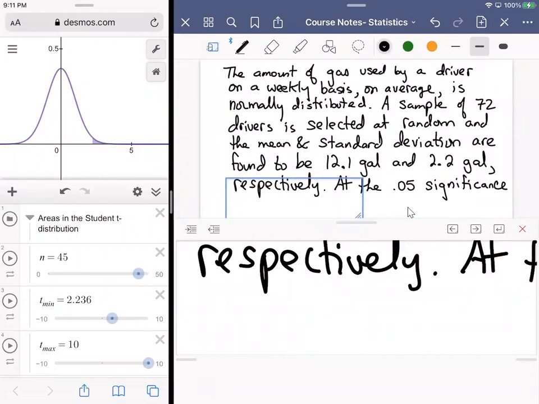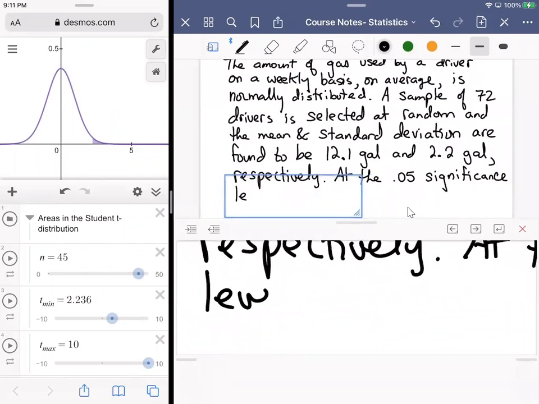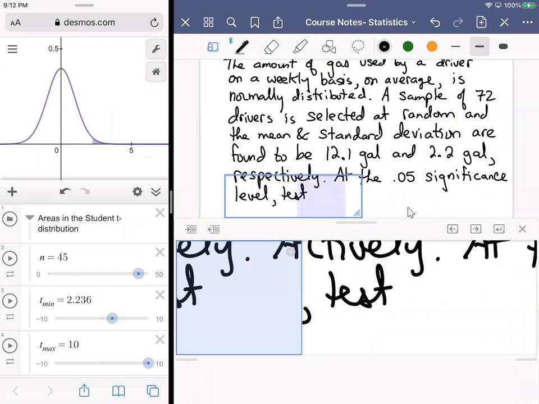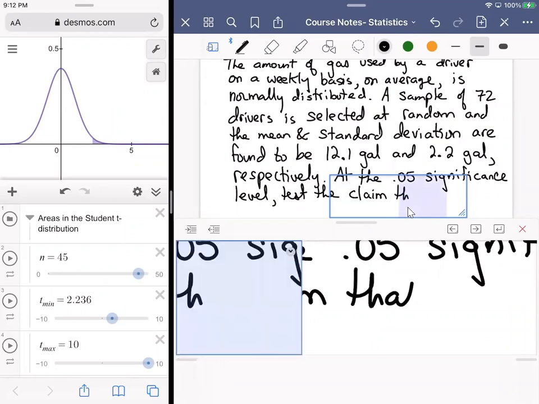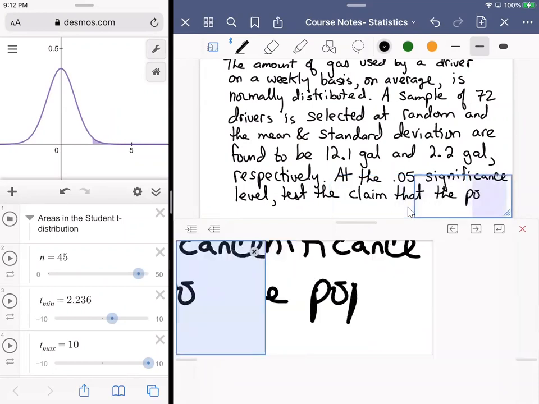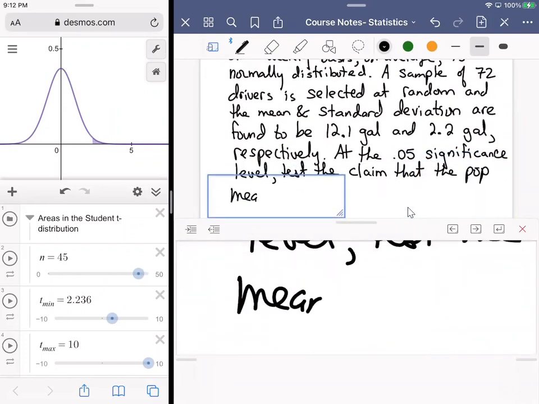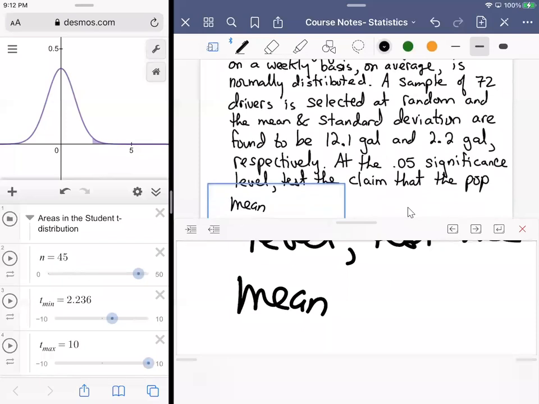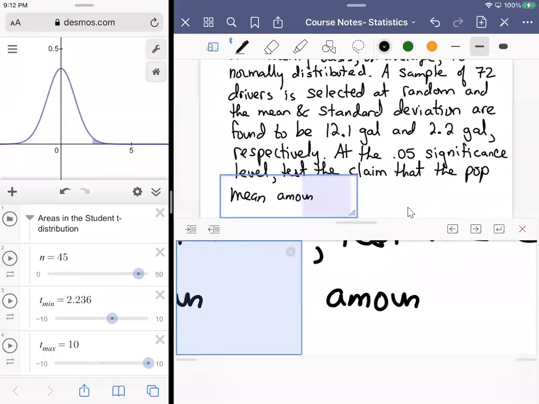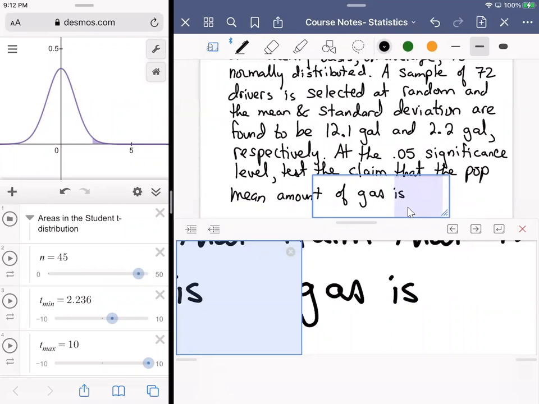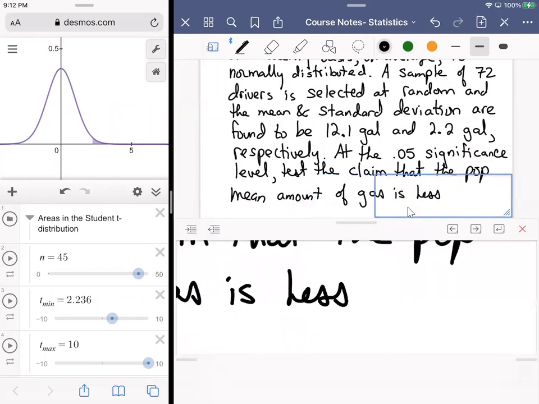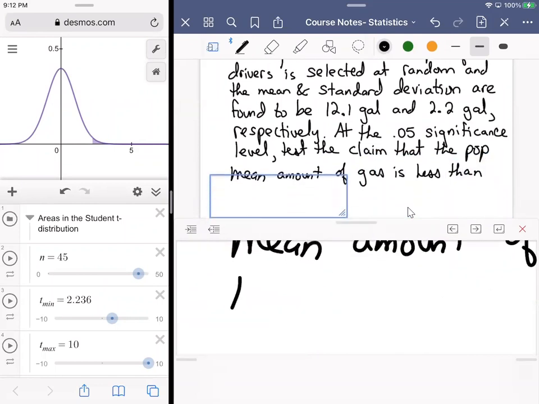So at the 0.05 significance level, test the claim that the population mean amount of gas is less than 15 gallons.